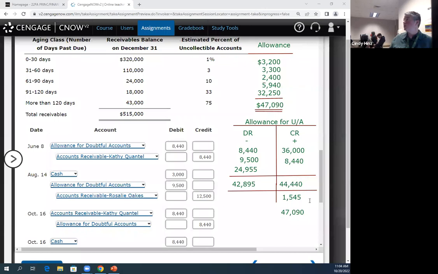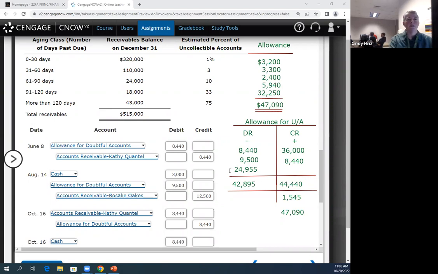What I referred to on Tuesday as the target ending balance. We wanted to have $47,090 in there. Why? Because we did the analysis of the aging, and that's how much we estimate we're going to need in that allowance account to write off the accounts that we don't expect to collect.